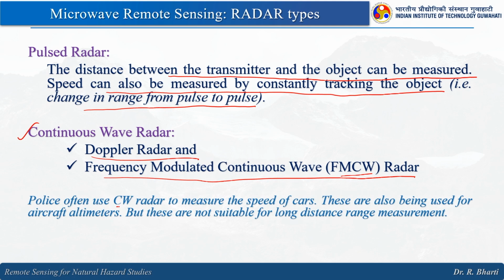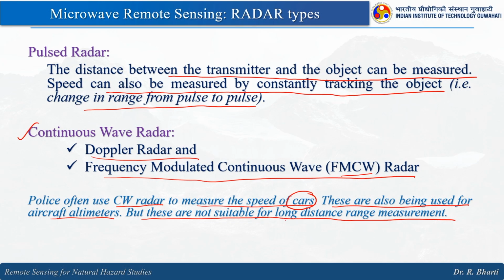Police often use continuous wave radar to measure the speed of cars. These are also used for the aircraft altimeter, but these are not suitable for long distance range measurement. Remember, these are precise, and with that you can measure the speed of the car.